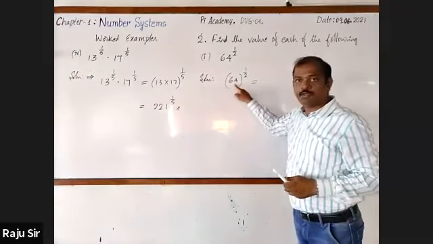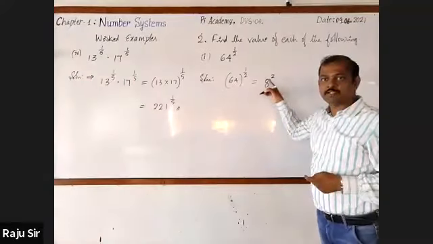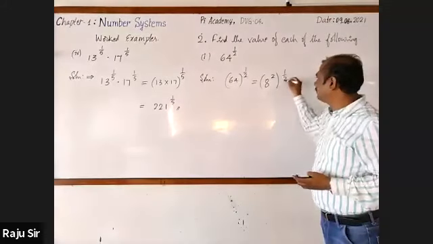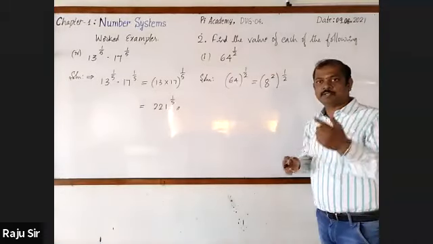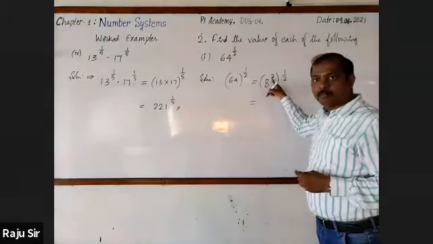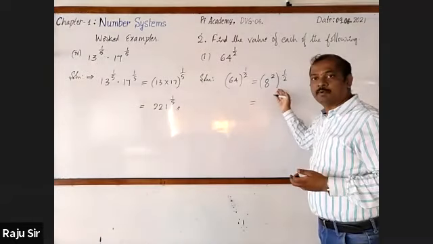Then 64 is the square of which number? 8, sir. Right. 64 is 8 square. 8 eights are 64. Then raised to the power 1 by 2. You may cancel 2 and 2 directly, but if you want to use the law of exponents, a raised to the power m, whole raised to the power n can be written as a raised to the power m into n.